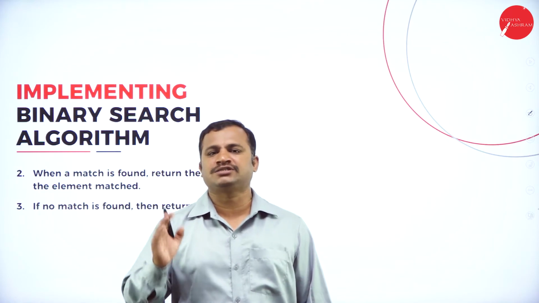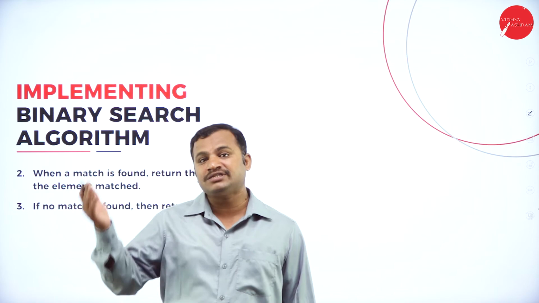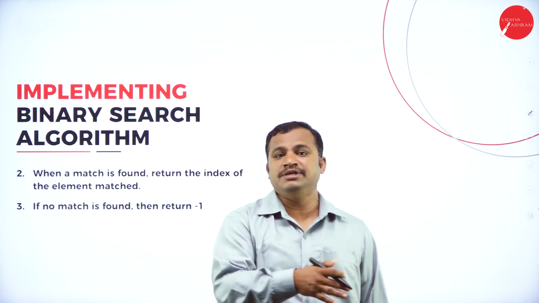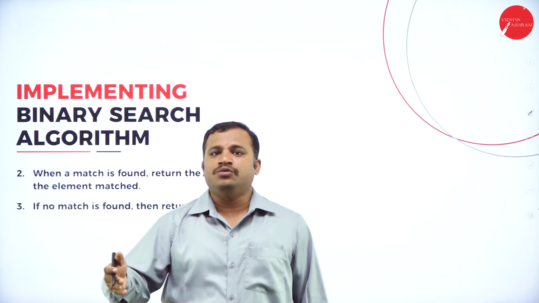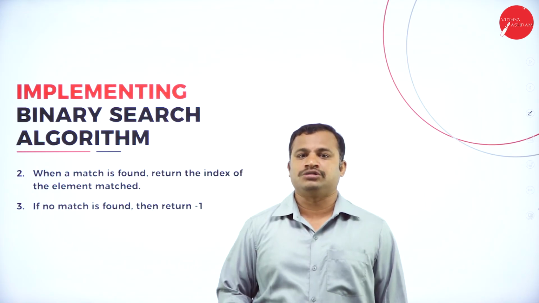That means an unsuccessful search. There is no element present in the list. Then the worst case time complexity is also less than the linear search. That means the time taken to determine that an unknown value is not present in the list is also less than the linear search algorithm.